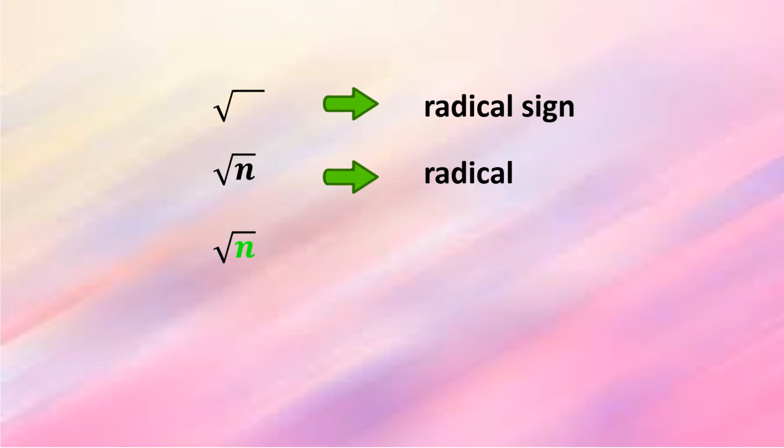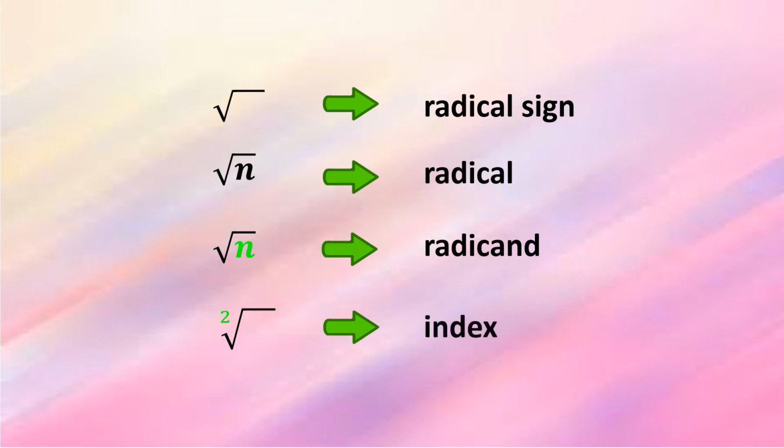The number under the radical sign is known as the radicand. In this symbol, there is an invisible number 2, which indicates that we are getting the square root of the radicand. This number is known as the index. It can be any positive integer. If the index is 2, no need to write it.